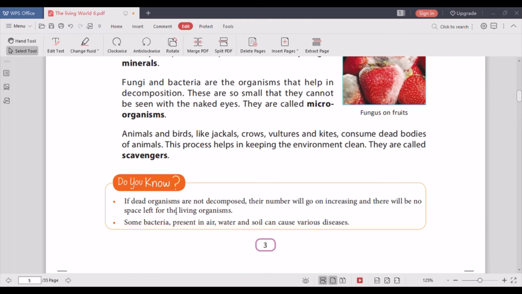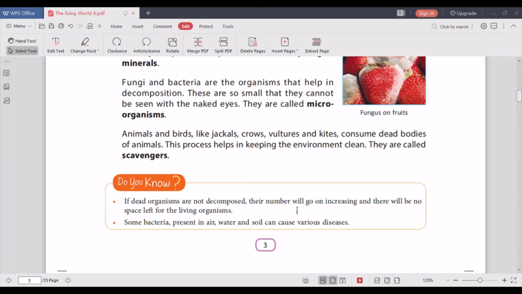Do you know, if dead organisms are not decomposed, their number will go on increasing and there will be no space left for the living organisms. Some bacteria present in air, water and soil can cause various diseases.